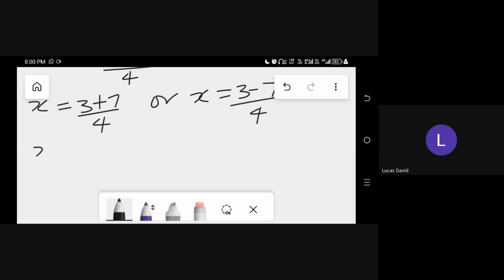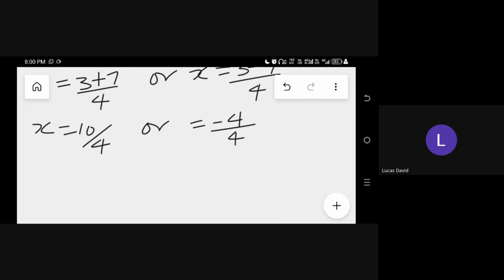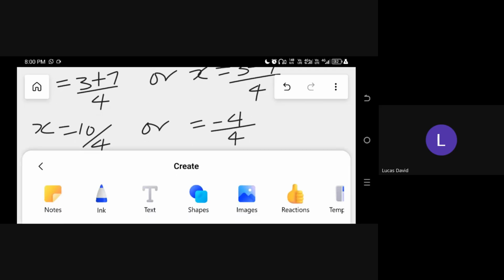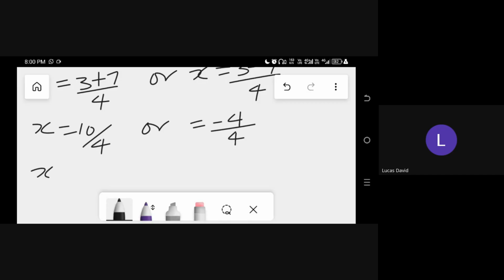So have S equals 10 over 4, or 3 minus 7 is minus 4 over 4. Then lastly, if you are to divide this completely, when 2 goes into that, you have 5 over 2, or S is equal to 4 divided by 4, and this you have minus 1.